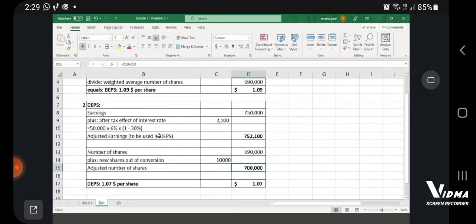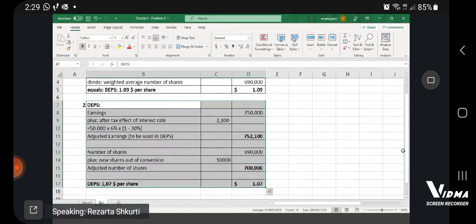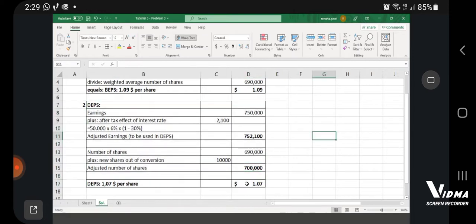Usually, what IAS 33 mentions is that if there are securities that are not dilutive but anti-dilutive, probably they will not be taken into consideration here. And that explains why almost always, diluted earnings per share is lower, even by this small amount that we have here, than the basic earnings per share.